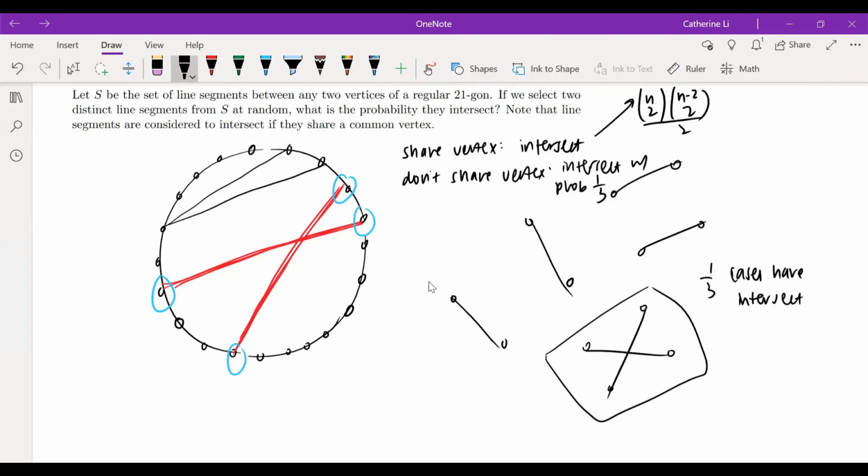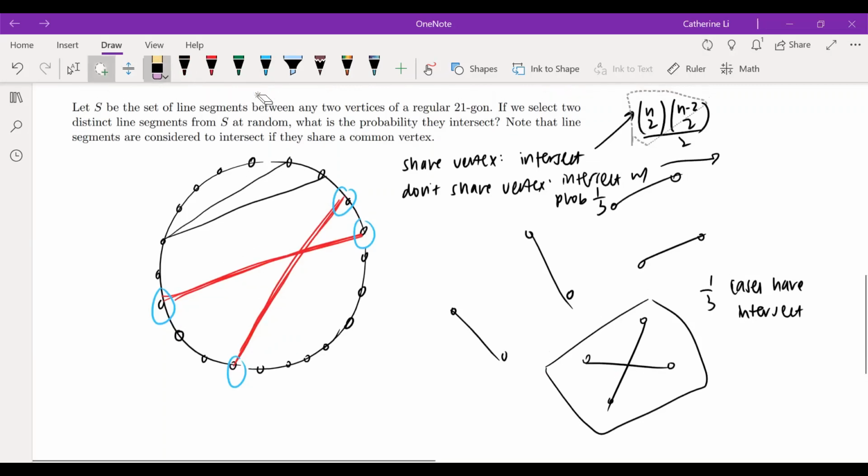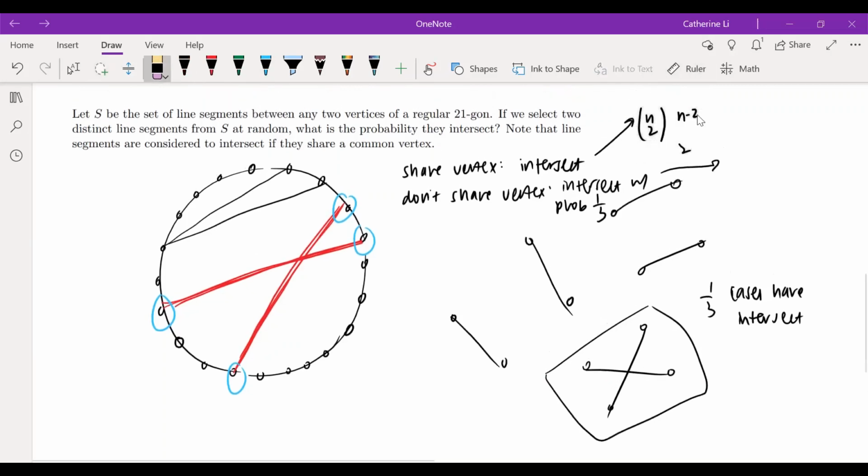So that's going to give us exactly this many pairs. And then for segments that do not share a vertex, actually, this is for segments that do not share a vertex.